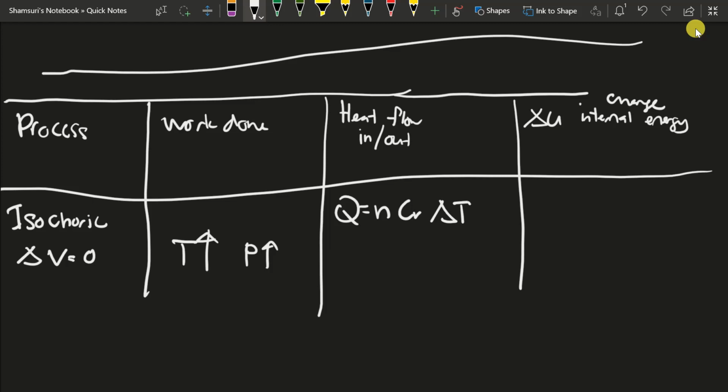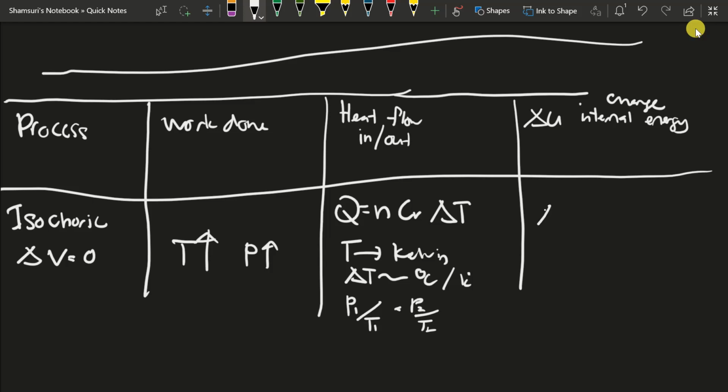T normally should be in Kelvin, but if using delta T, it can be either Celsius or Kelvin. And you know that P1 over T1, when we have the same volume, is equal to P2 over T2.